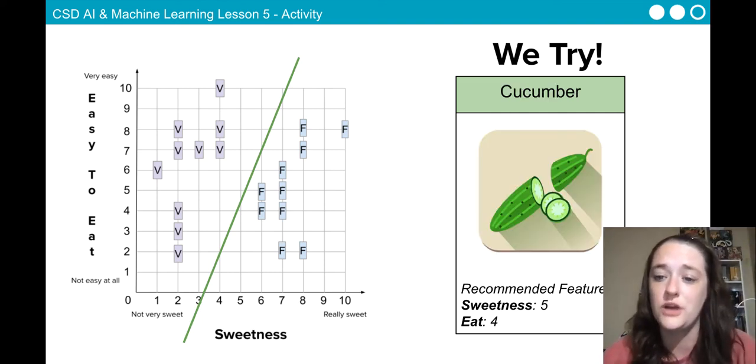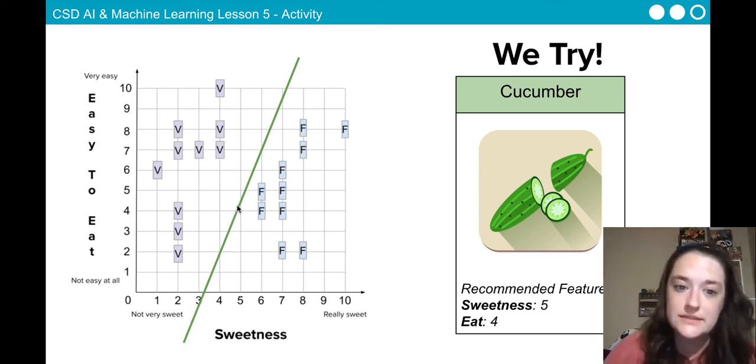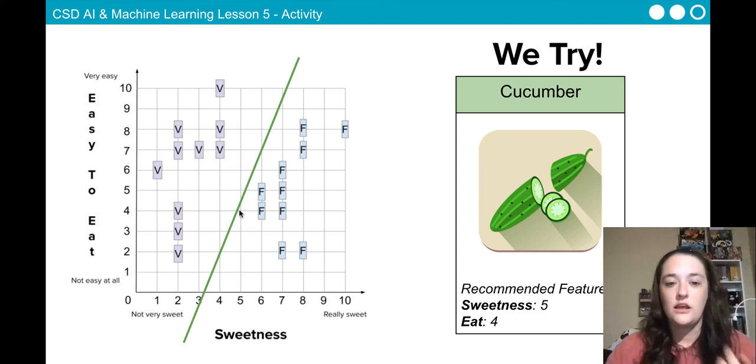Okay, what about a cucumber? Sweetness of 5, ease of eating of 4. Look, honestly, the ease of eating should be like a 10 because I literally just picked up a little baby cucumber and just ate it. I mean, you rinse it off and then you just take a bite. It's not that difficult.